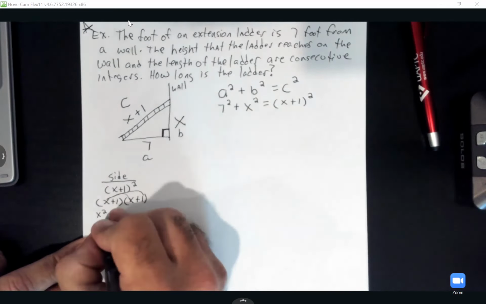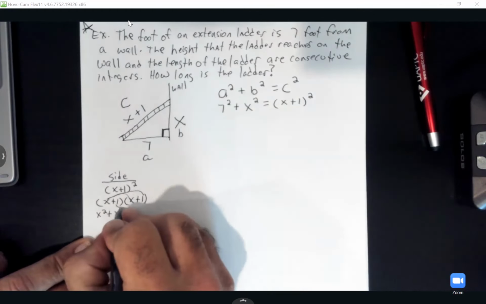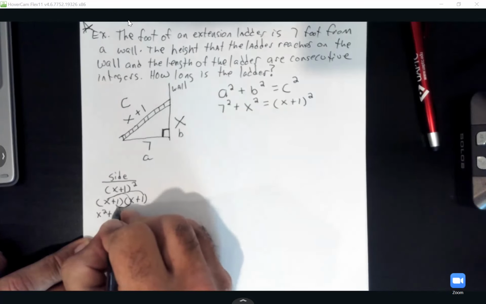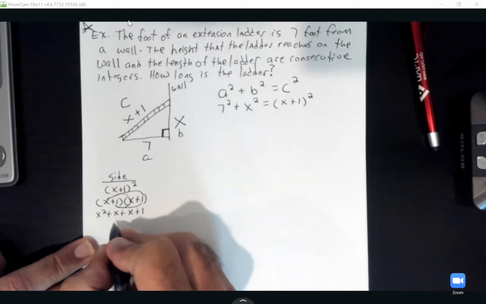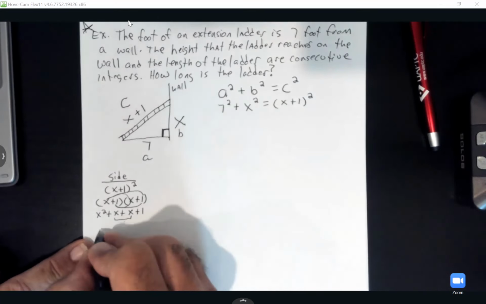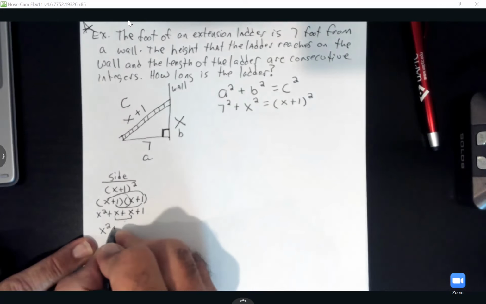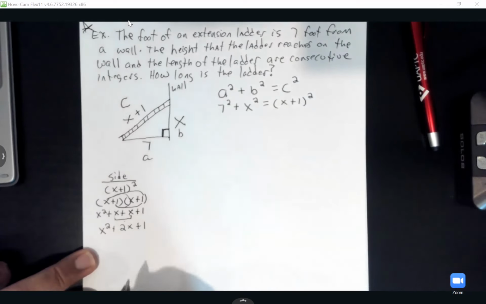X times 1 is a 1x. On the inside, 1 times x is a 1x. And then at the end, 1 times 1 is 1. Once again, I'm going to add like terms. So I end up with an x squared. 1 and 1 give me 2x plus our 1 at the end.